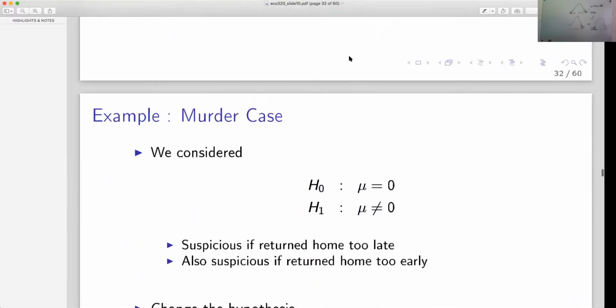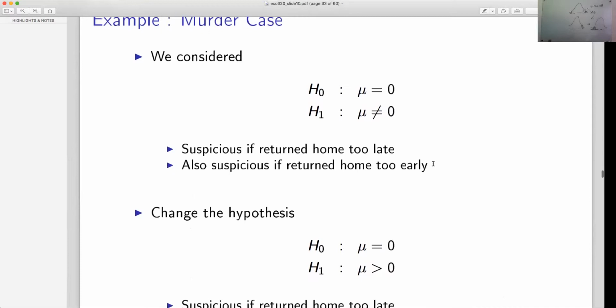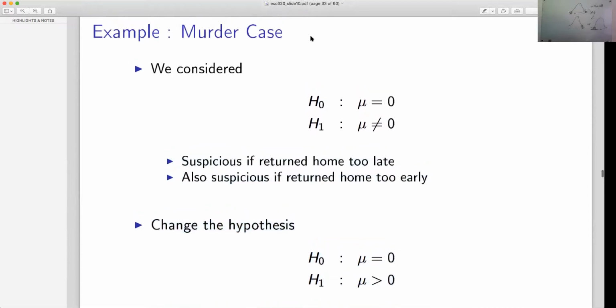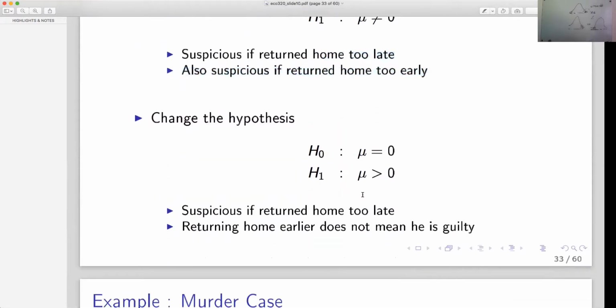Okay, so let's come back to this issue. So that was our previous example in chapter 9, right? This is slide 10. So in previous slide, I explained in detail, we went over this. So suspicious if return home too late or too early, both ways are fine as long as they are not equal. So that was our hypothesis, but we can say returning home earlier does not mean he's guilty.